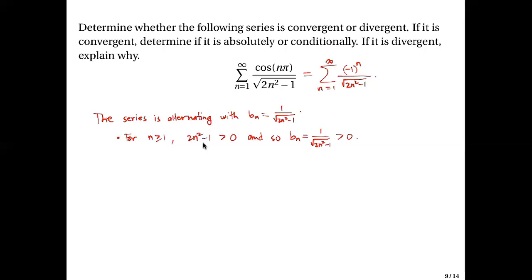This tells us that the square root is defined. Since we just get the principal square root, we get positive values, so you have positive b sub n's. Now, as n increases, square root of 2n squared minus 1 also increases. So b sub n decreases.